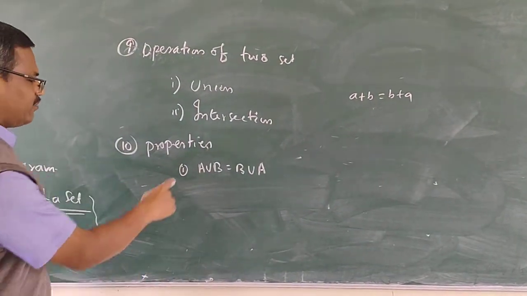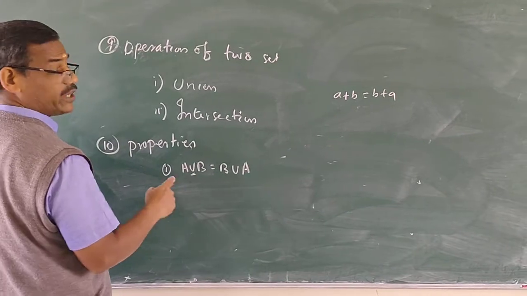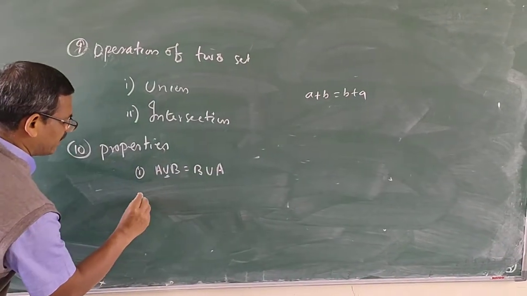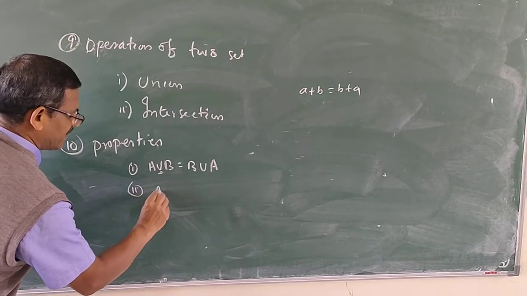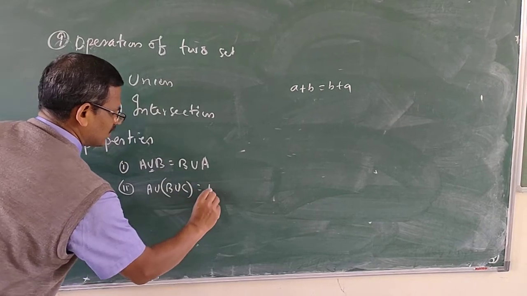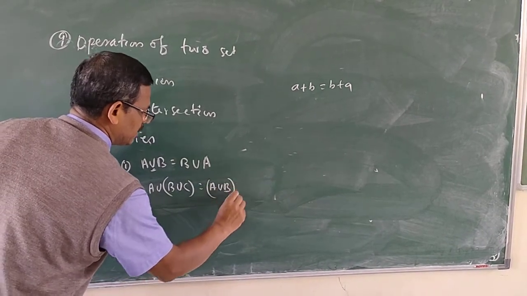The same way, here we say union commutative law. A union B is equal to B union A. And the second property is that (A union B) union C is equal to A union (B union C).